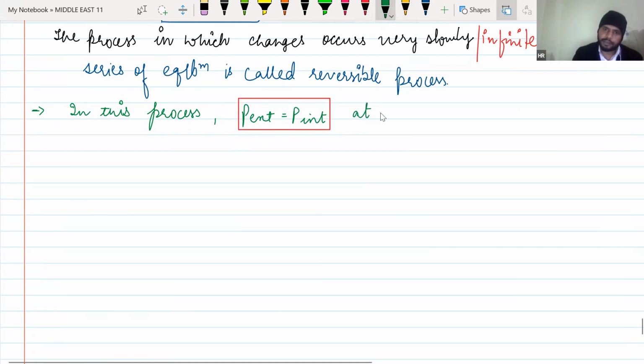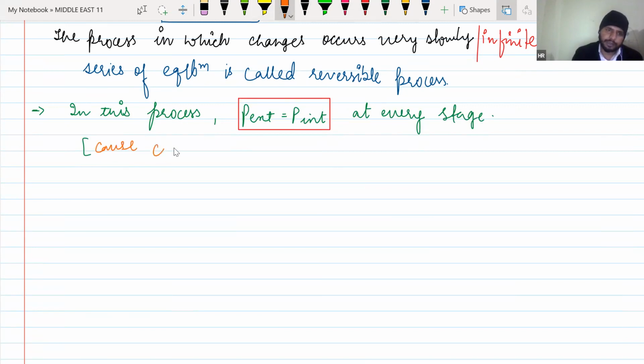This is very important, because changes occur very slowly.